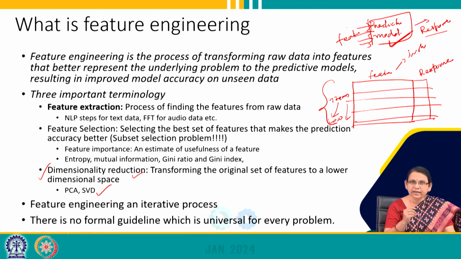Probably you have to try a number of times before deciding the right number of features. Moreover, there is no formal guideline which is universally applicable to every problem. It depends on your data and you have to really try a number of times, you have to adopt engineering principles to decide the features, which is why it is called feature engineering.